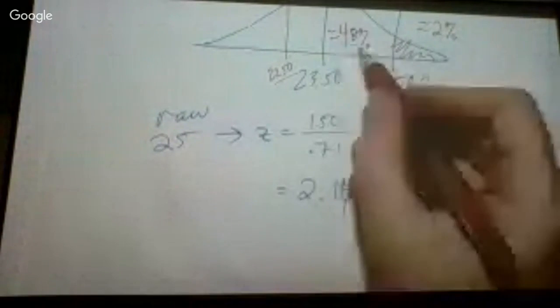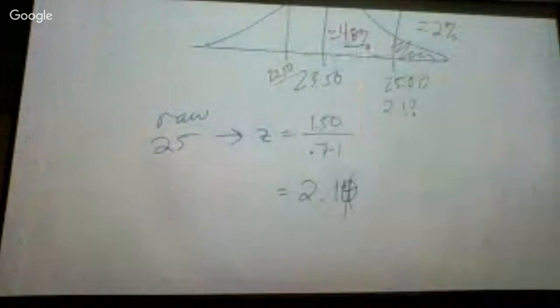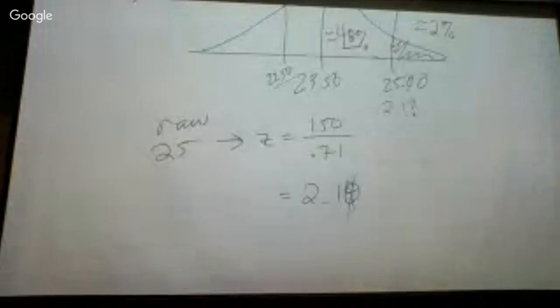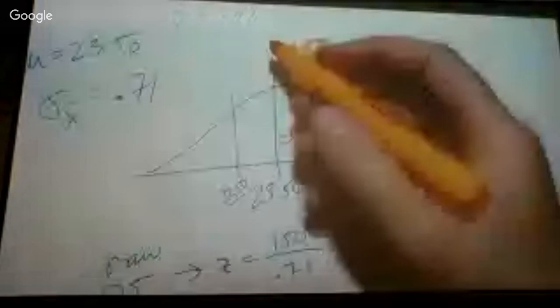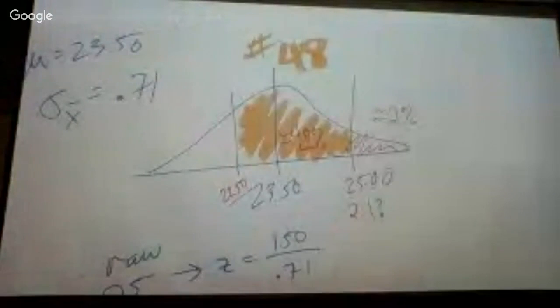But whatever the case, it's going to be an answer that's greater than 48%, because what we want for number 48 is between 22.50 and 25. So it's got to be greater than 48%. One of those looks reasonable, one of those looks unreasonable. Which one looks reasonable?